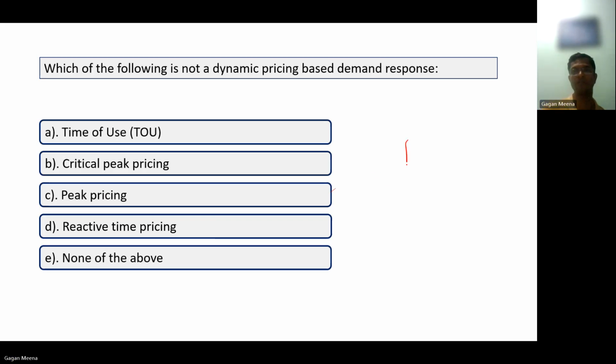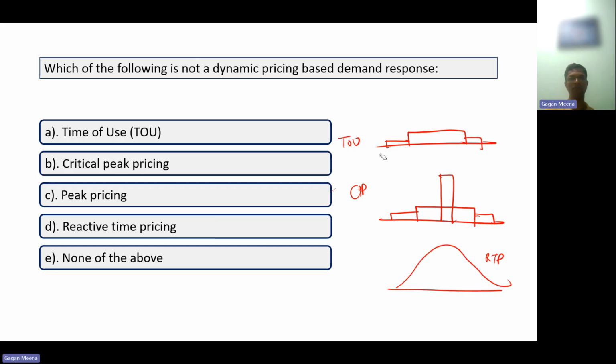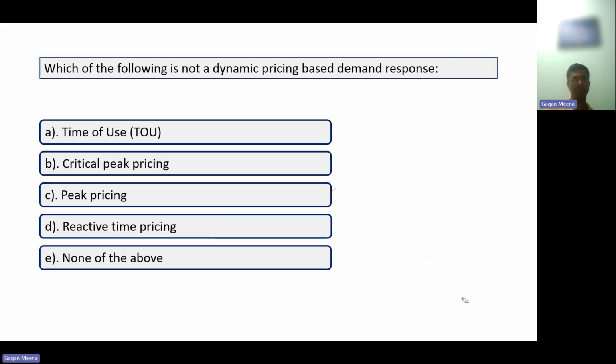So this one will be the time of use tariff, and this one would be the critical peak pricing, and this one will be the real time pricing. So TOU is there, critical peak pricing is there, reactive time pricing is not there.